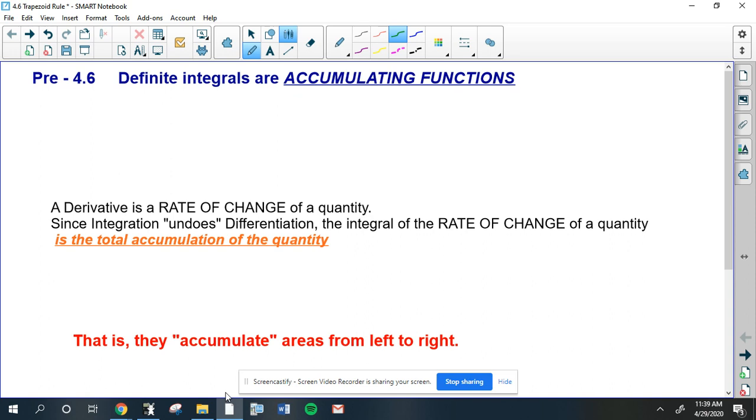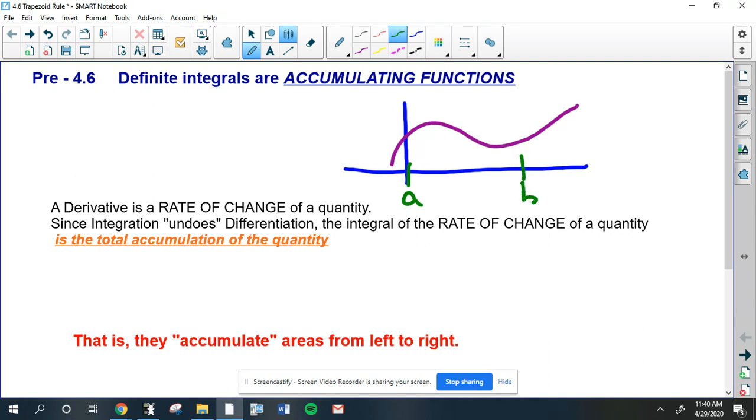Okay, now we'll be talking about definite integrals as accumulating functions, which we've really already talked about. We're just going to do this in a more applied way. As you remember, if you have a function and you take the integral from a to wherever, b, it will calculate the area underneath that graph.